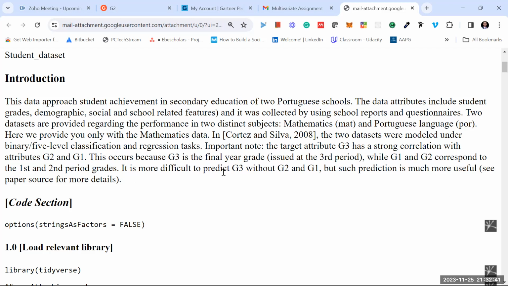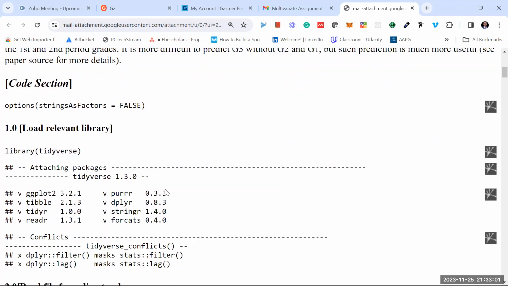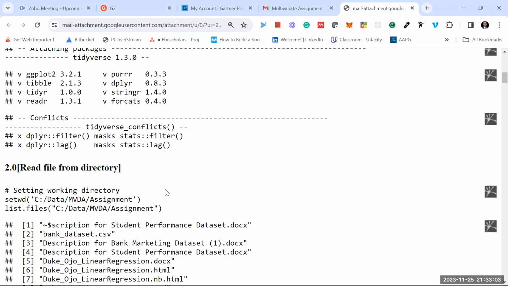It is more difficult to predict grade 3 without grade 2 and grade 1, but such prediction is much more useful. Meaning, if you are able to get a prediction of grade 3 without really relying on grade 2 and grade 1, then that is what we really want to achieve.